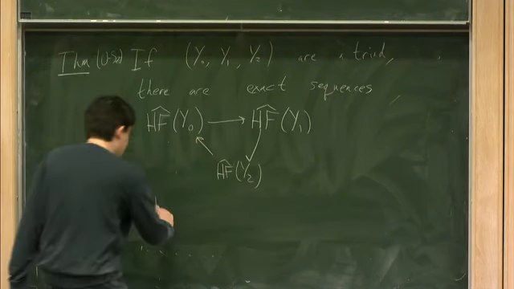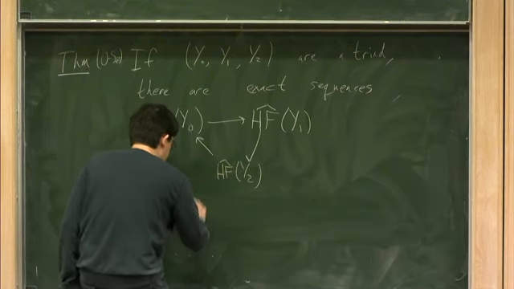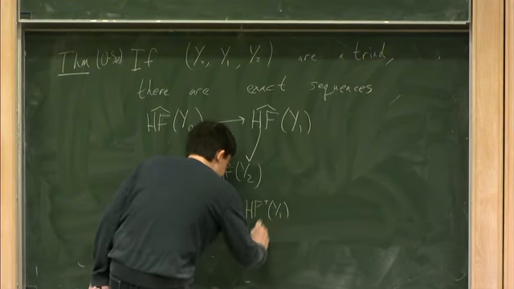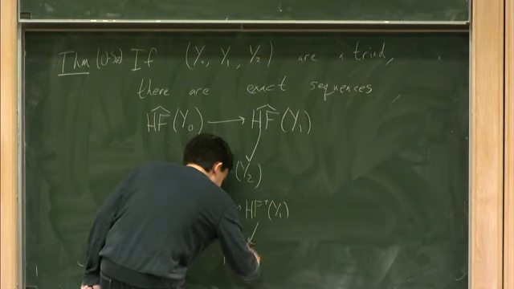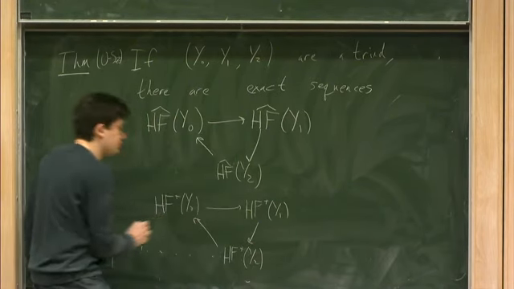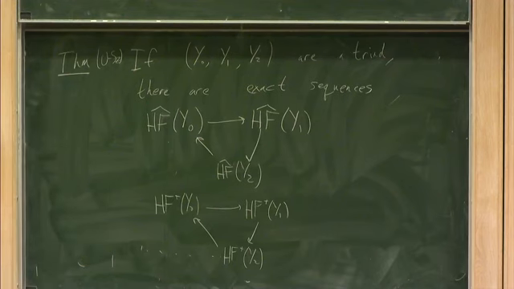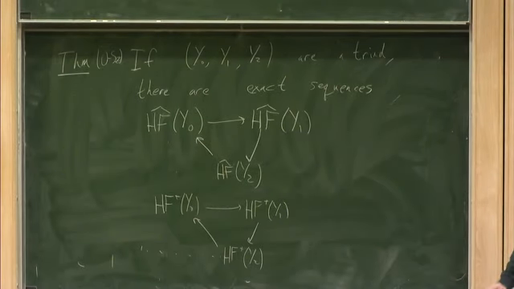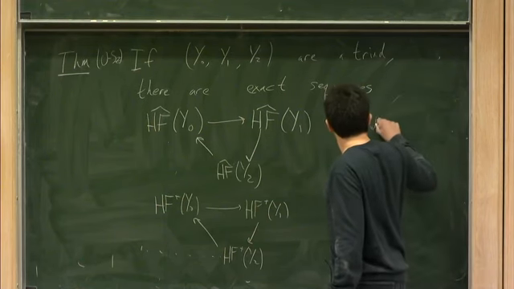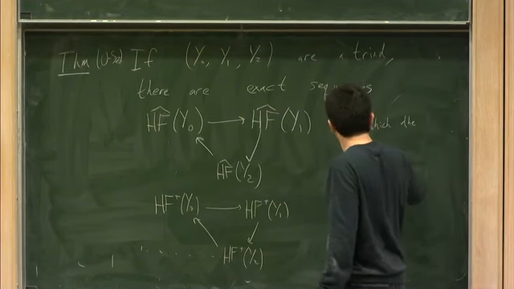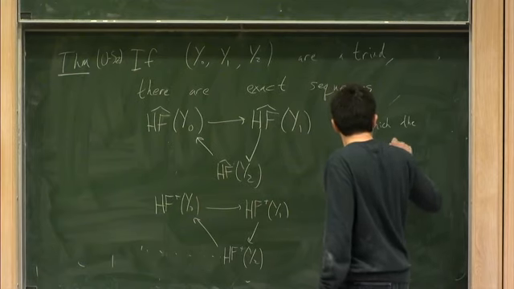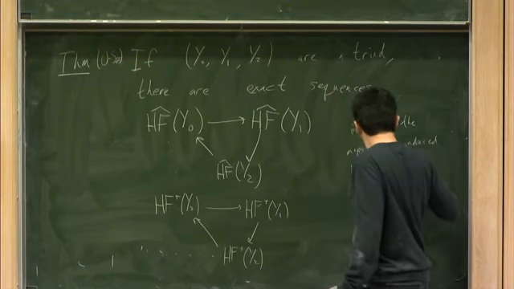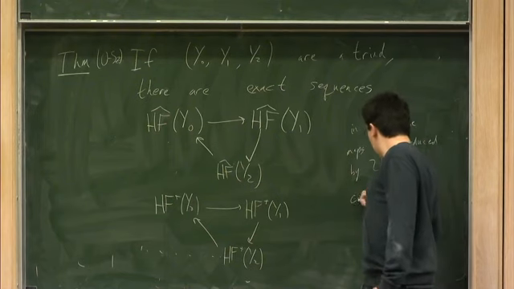And similarly, exact sequences relating HF plus of y0, HF plus of y1, and HF plus of y2, in which these maps are the maps induced by the 2 handle cobordisms.